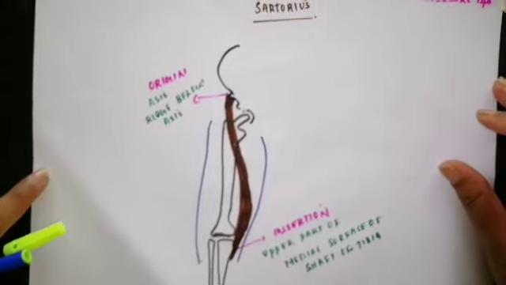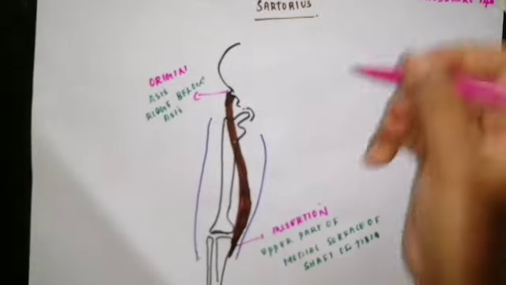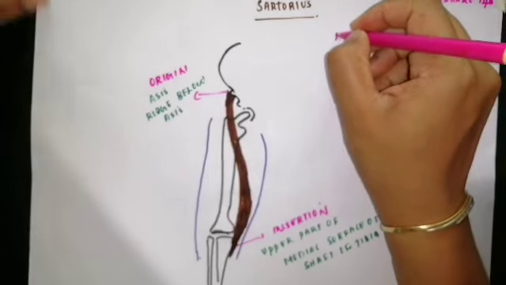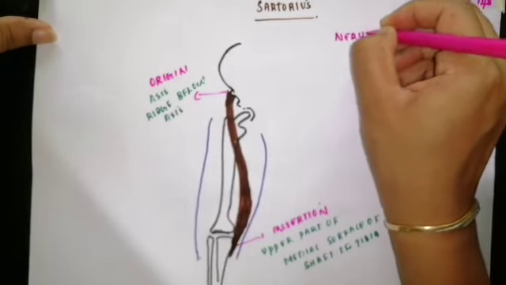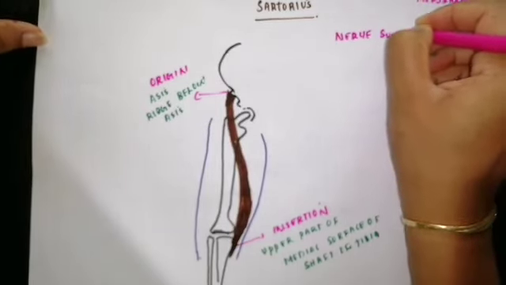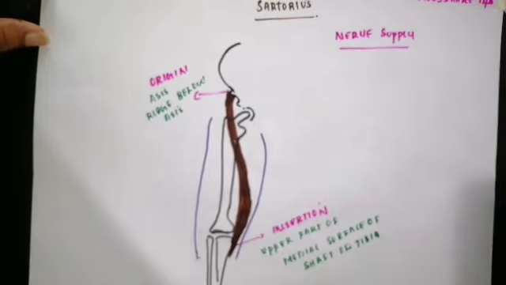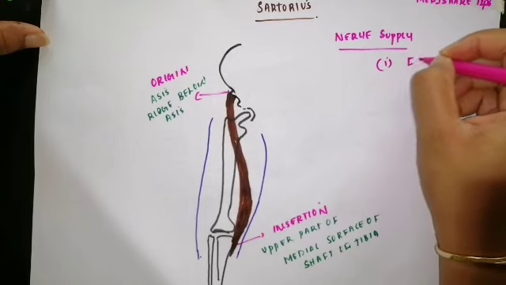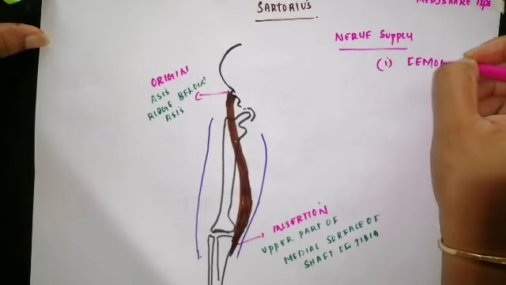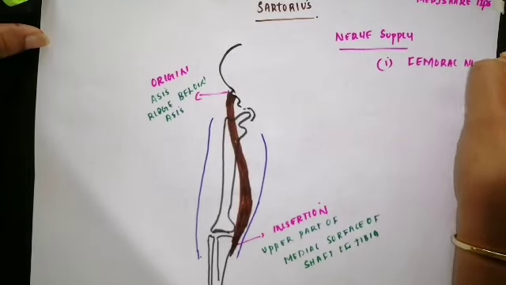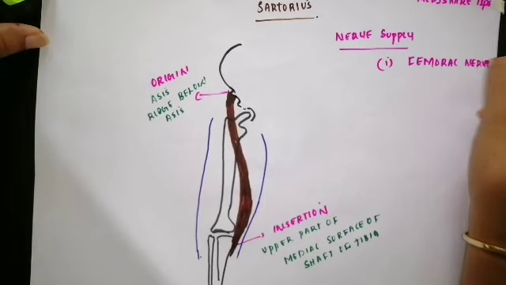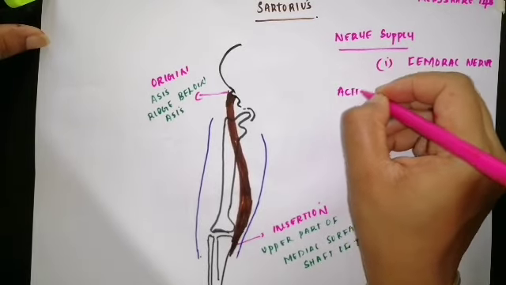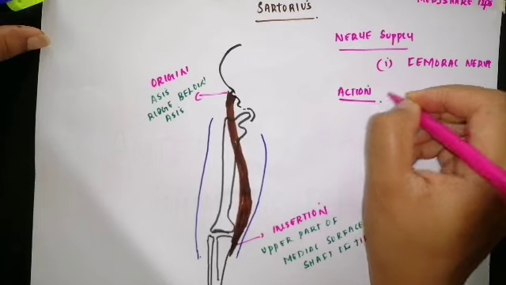So what is the nerve supply? We know that the anterior compartment muscles are supplied by the femoral nerve and its branches. So it is also supplied by the femoral nerve. What is the action of this muscle? You know that this muscle is also known as Tailor's muscle.